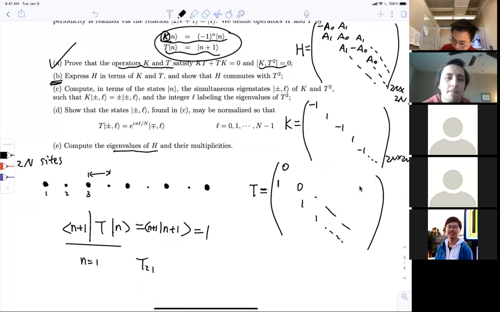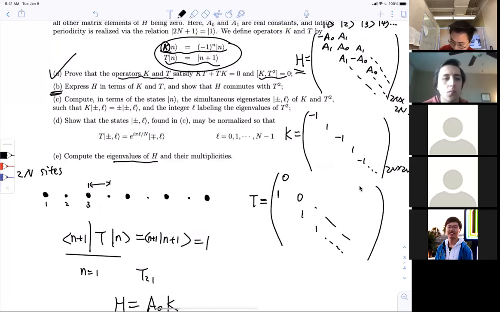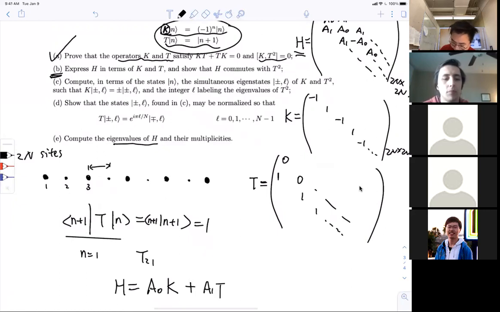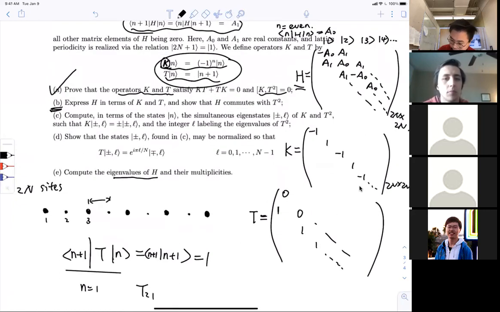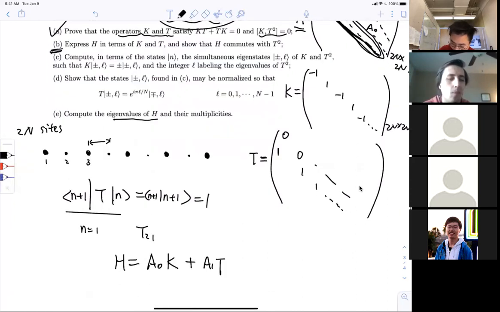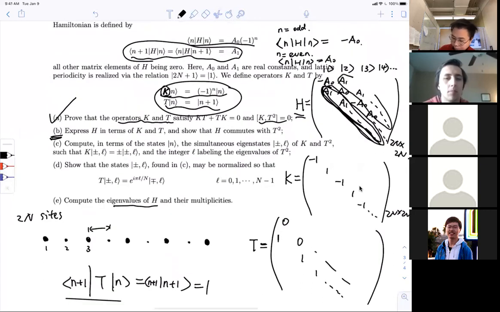Okay, so once you have this, it's straightforward to write down H in terms of K and T. H equals a0 times K. This term would give us the diagonal elements of H, plus a1 T. This would give us this off-diagonal element, this a1, and also plus a1 T dagger would give us this other a1.